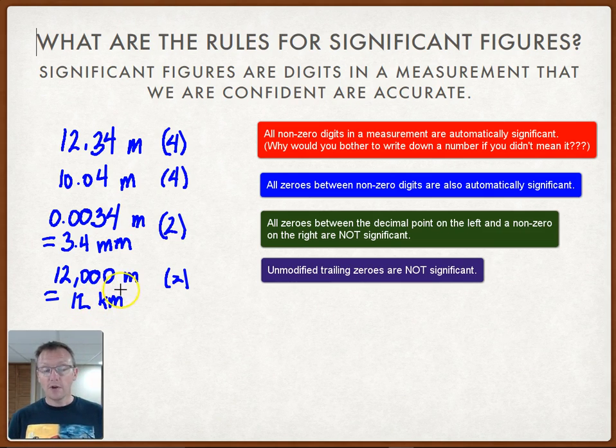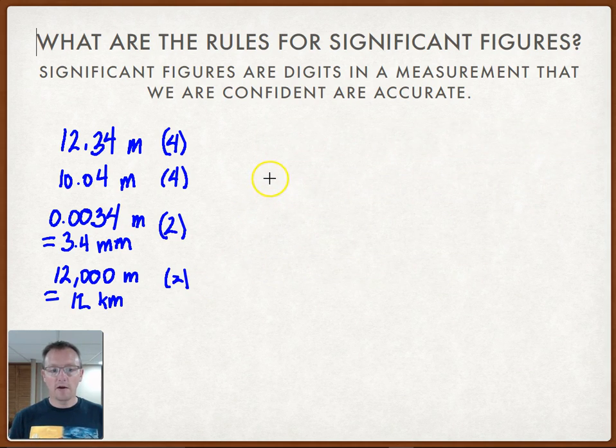Now, there are some ways to fix this a little bit. So let's say you have 12,000 meters and you actually mean 12,000 meters. So there's my value. And I actually mean that I measured this as 12,000, and 0, 0, 0 right there. I know for a fact that this is a 0.